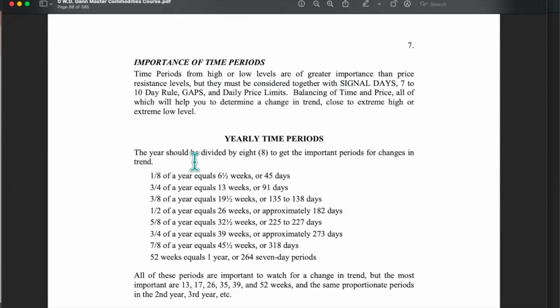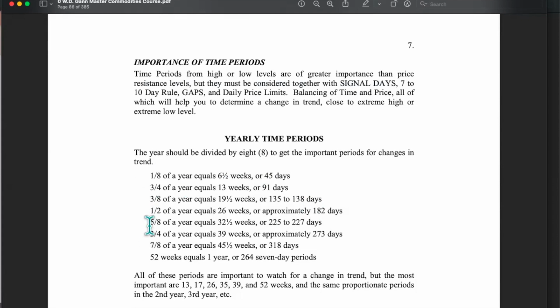Same way, when we have 1 by 4, this is 1 by 4, not 3 by 4, it comes to 90, which is double of 45 days. Then we have 3 by 8, we have 1 by 2. Now 1 by 2 is half, which comes to around 182 days. In terms of degrees, it is coming to 180 days.